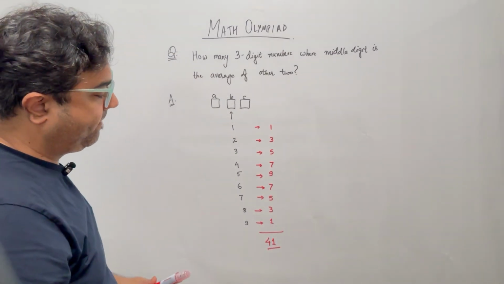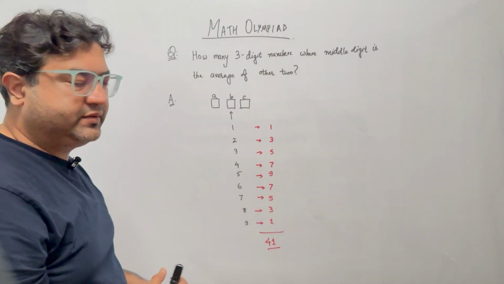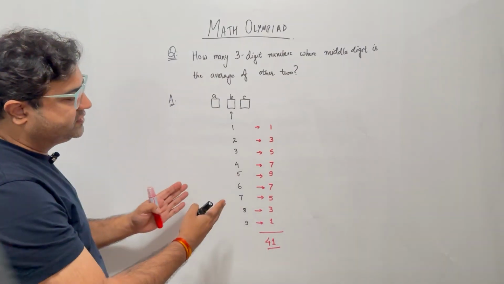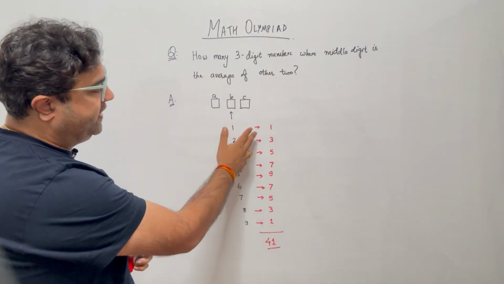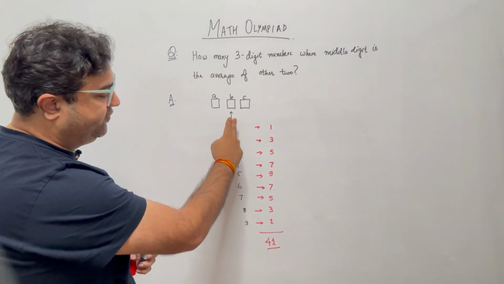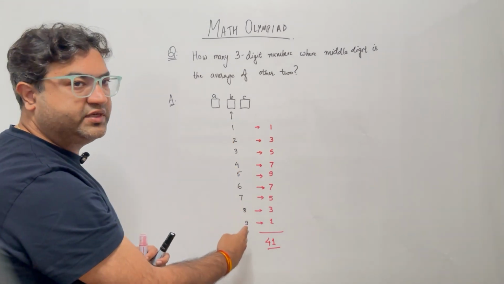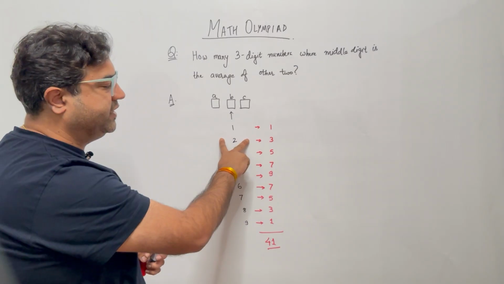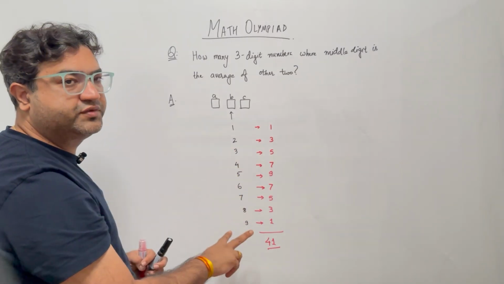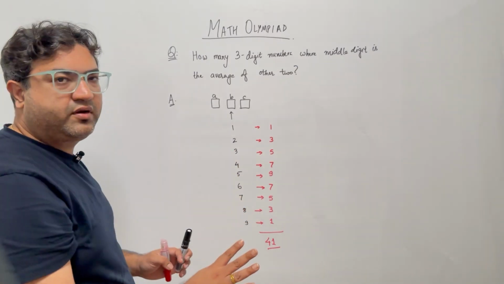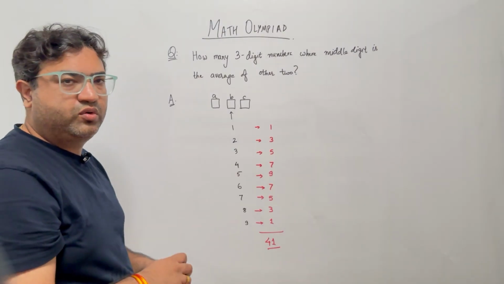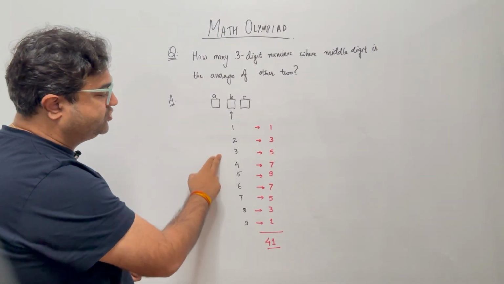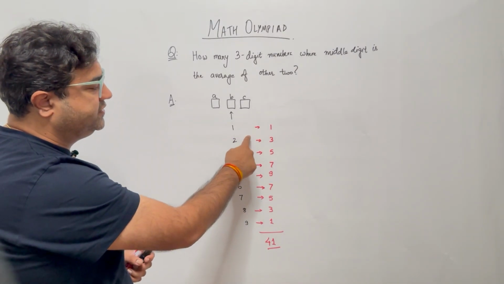Okay. Now, is that it? What we have considered is that A and C are both between 1 and 9, because for all of these, we have taken either the same digit or 1 or 2 off. But we never took 0. So here 0 is not possible, but here 0 is possible.